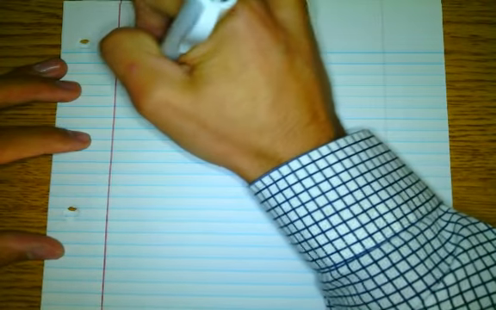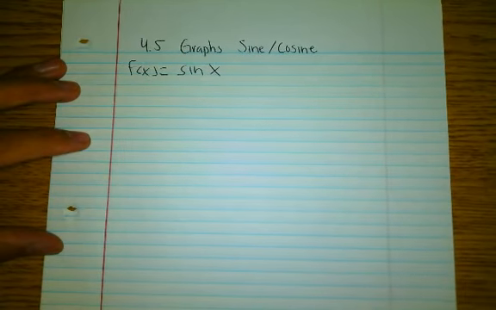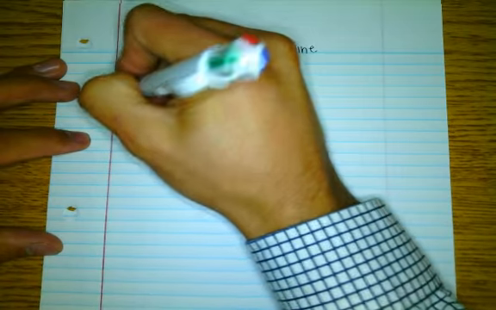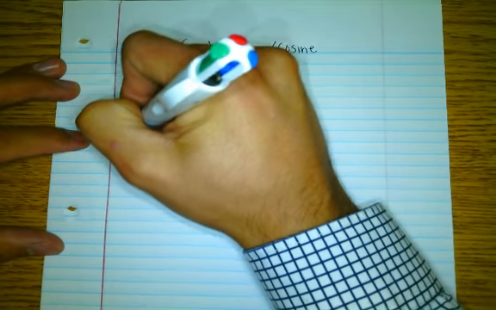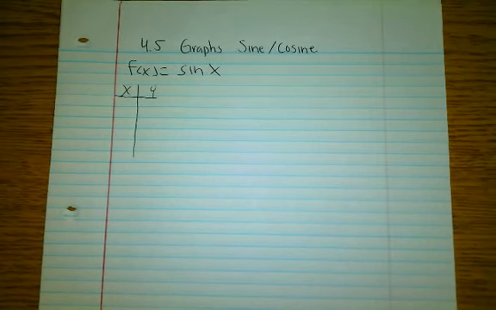Let's say that you have the function f of x equals sine of x. Okay? Just like you would in Algebra 1, we're going to create an xy table so that we can have points to plot in. Here's the tricky part because we're dealing with trig. Back in algebra, the easiest thing to do would be to plug 0, 1, 2, 3, right?